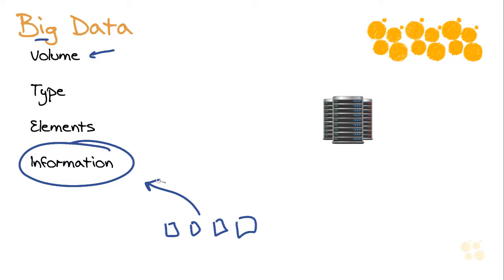So all of that information, well, let's back up. All of that data is going to be pretty meaningless to them if you look at it as a whole. What they're interested in is the information that it contains.